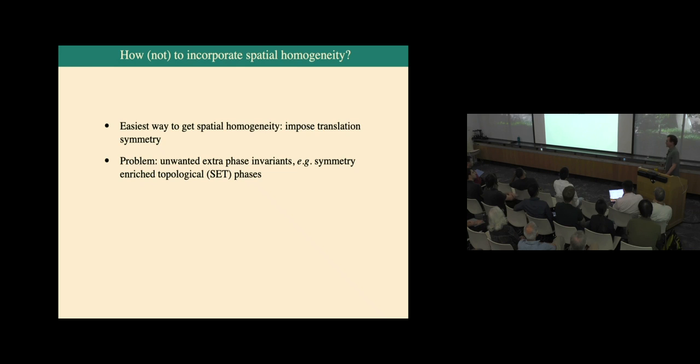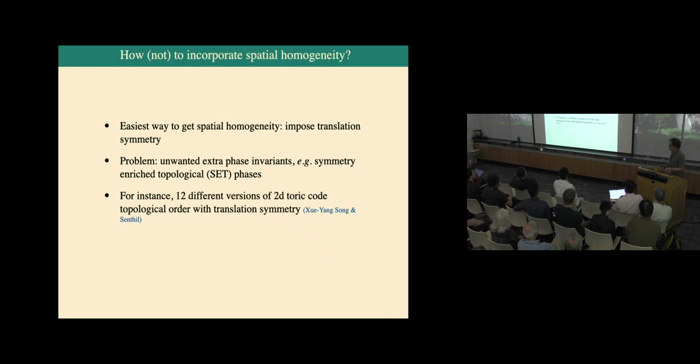That makes things homogeneous, but there's a problem that comes with this: we get a lot of extra phase invariance associated with the translation symmetry itself. For example, to mention some recent work of Xiang, Song, and Senthil, if we take 2D topological order of the toric code with translation symmetry, there are 12 different phases in the presence of translation. They all become the same phase if you break translation symmetry.